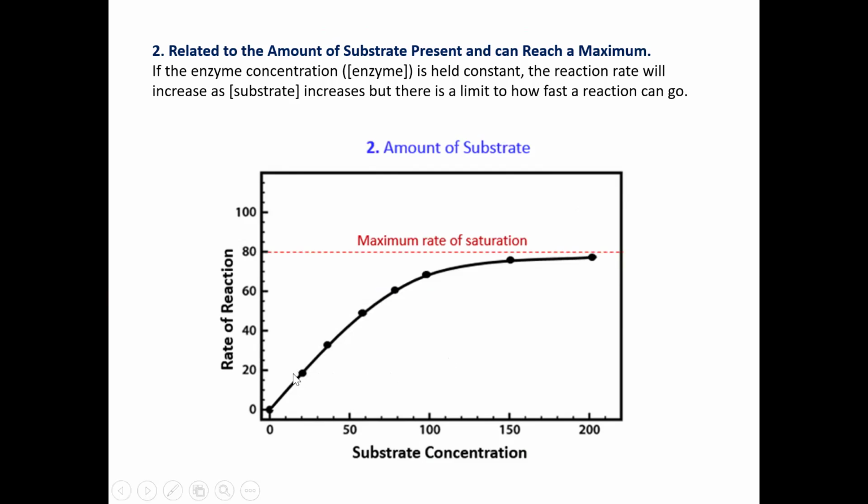So when you keep the enzyme concentration steady, the reaction rate increases with increase in the substrate, and it will reach a maximum saturation point where all the enzymes are engaged by the reactants, because the reactants are more and the enzyme is constant, and you have this maximum rate of saturation that occurs.